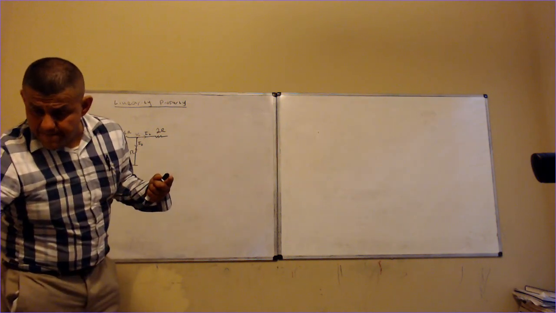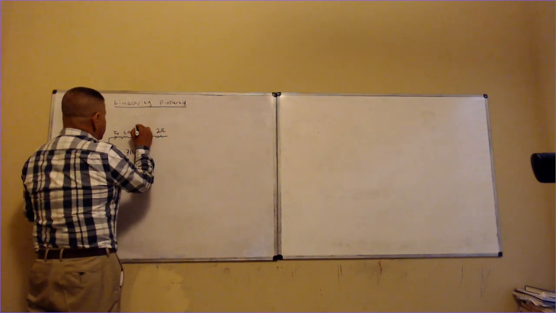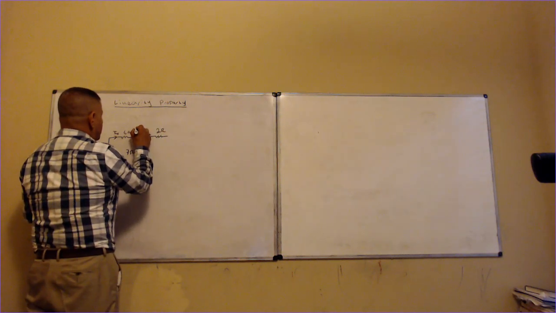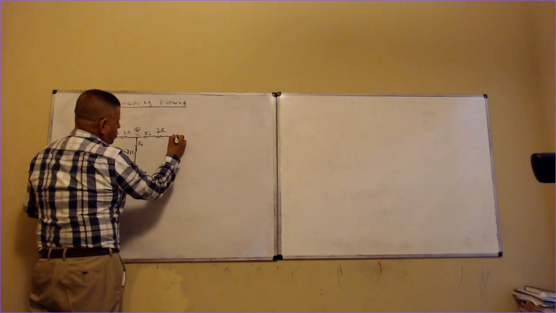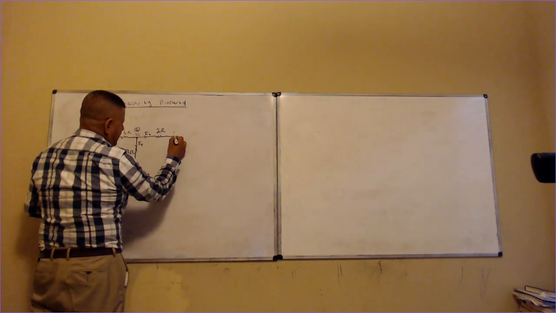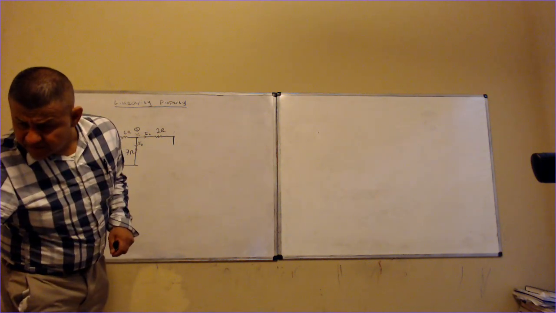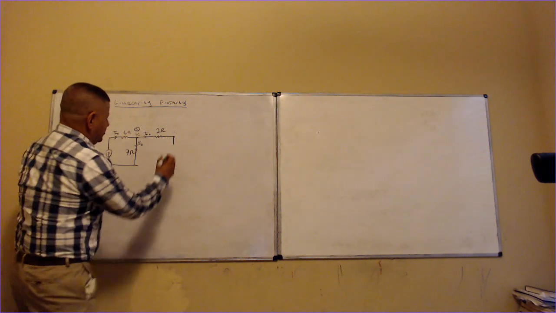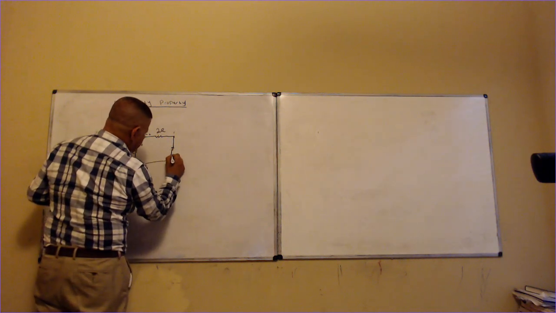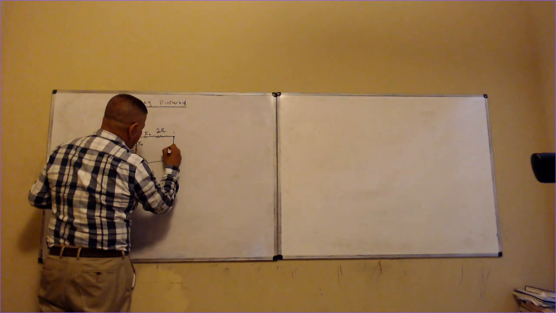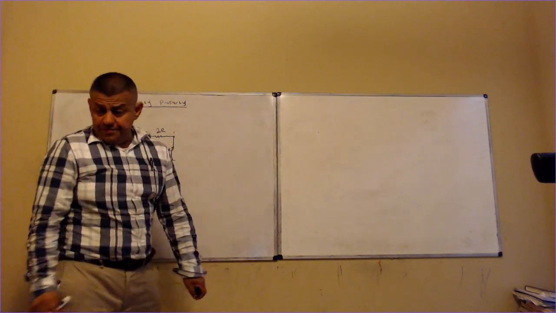Now, I have another node right here, which they call node 2, and this is node 1. In this node I have another resistor going down, and that is 4 ohms.